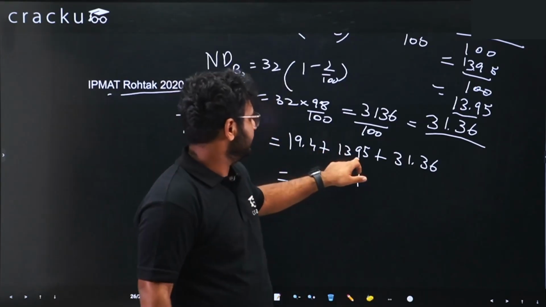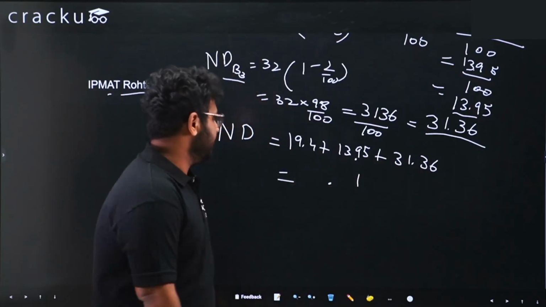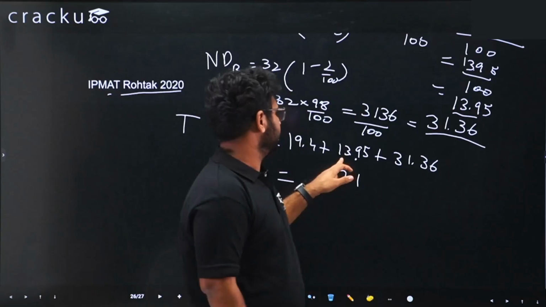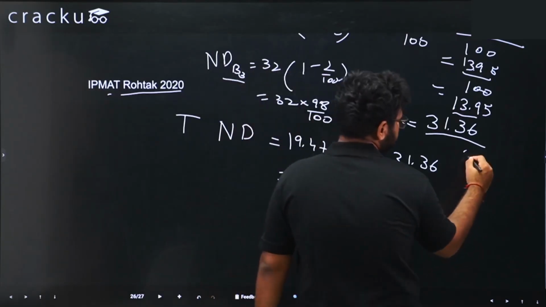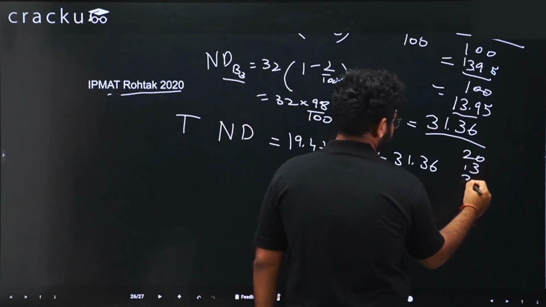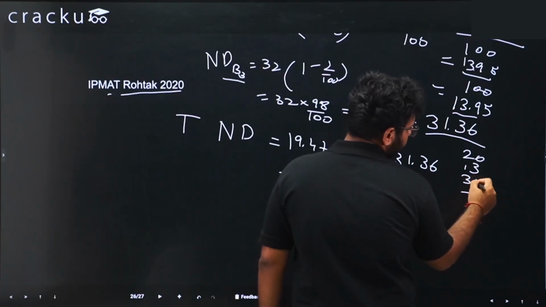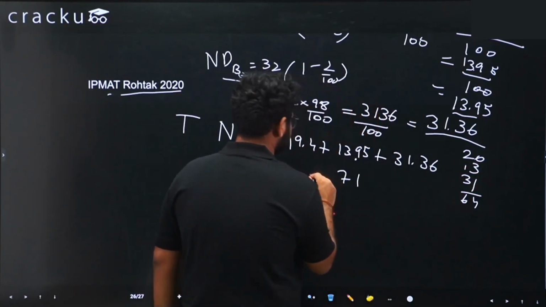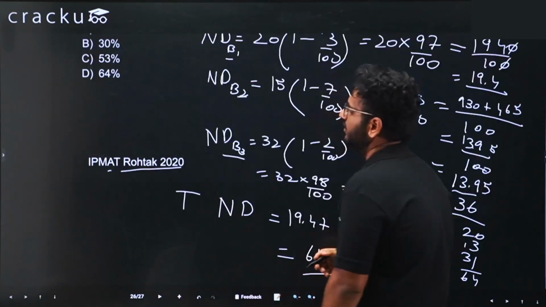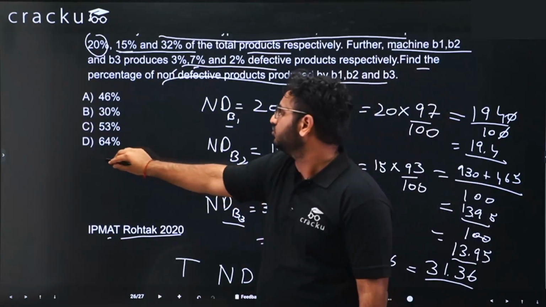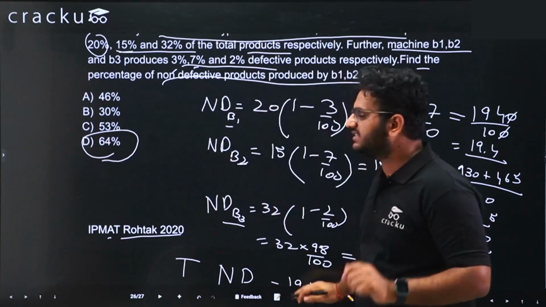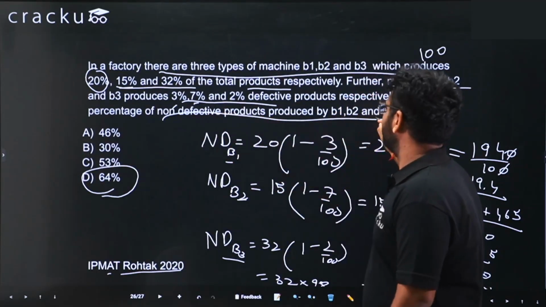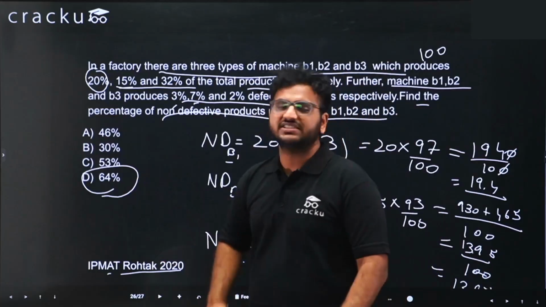So 4 plus 10 is 14, 14 plus 3, 17, 1 carry over again. So 20 plus 13 plus 31, which is equal to 64. So 64.71%, which is approximately equal to or closest to 64%. Hence, total non-defective products produced by B1, B2, B3 is equal to 64%.